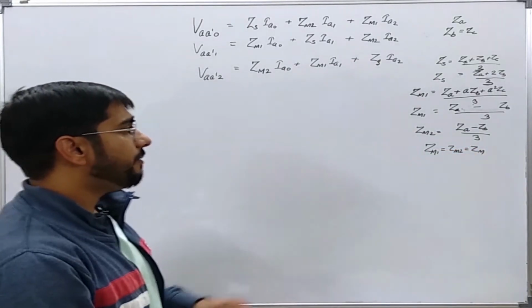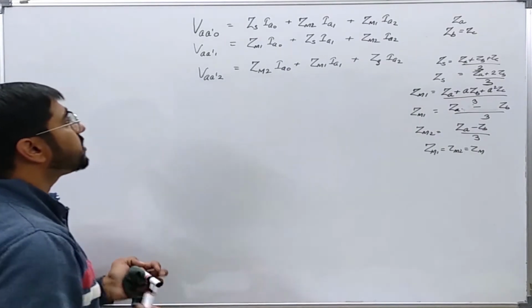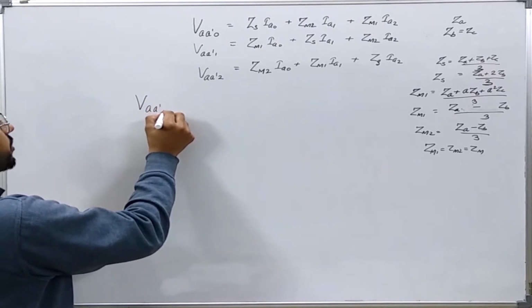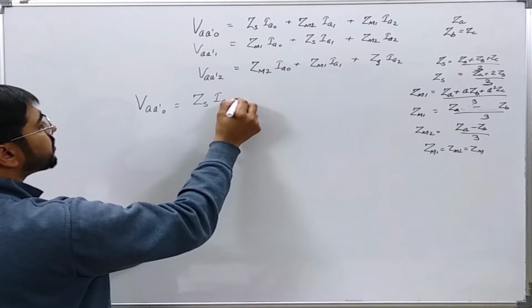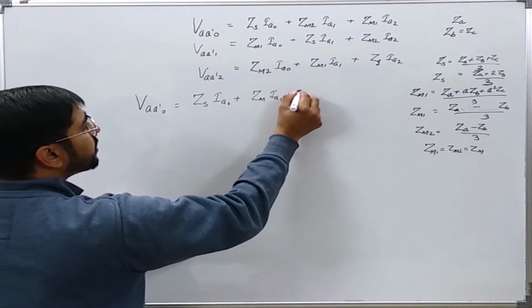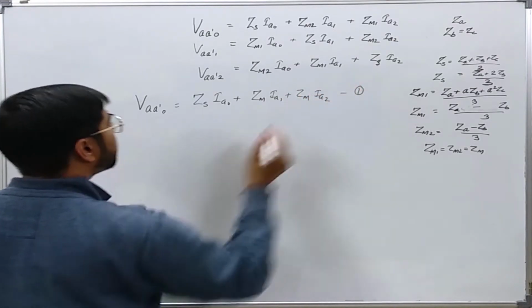Now I will put this in these three equations. So what are the equations which they become? VAA0 equals ZS IA0 plus ZM IA1 plus ZM IA2. Let us say this is equation number 1.